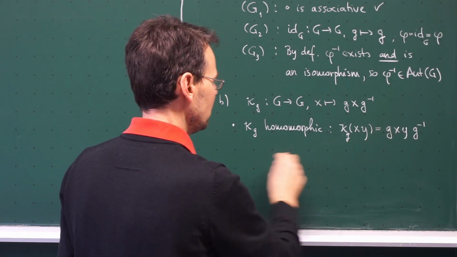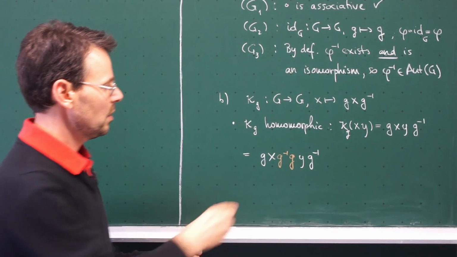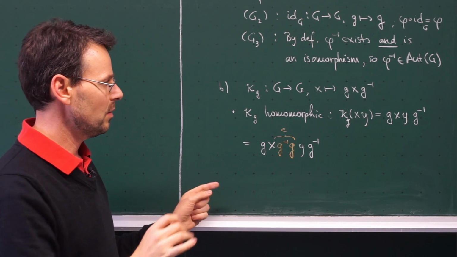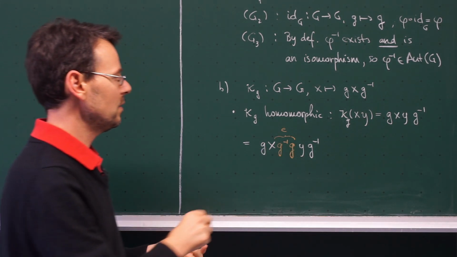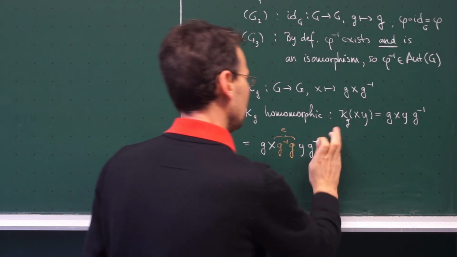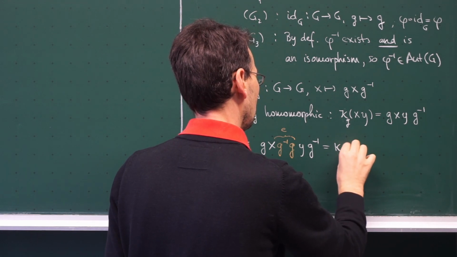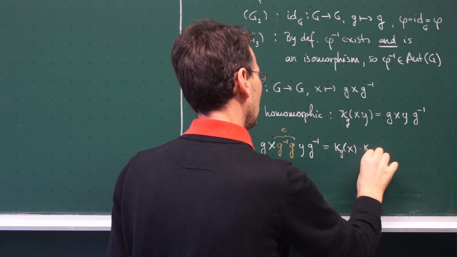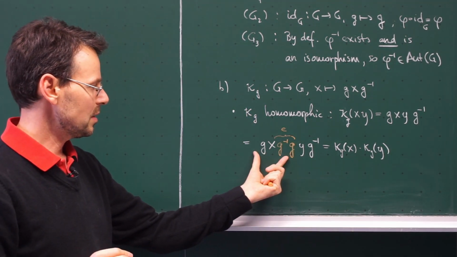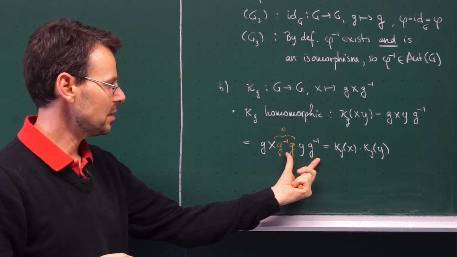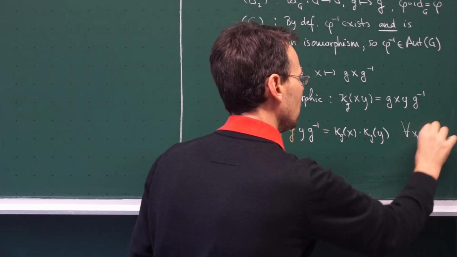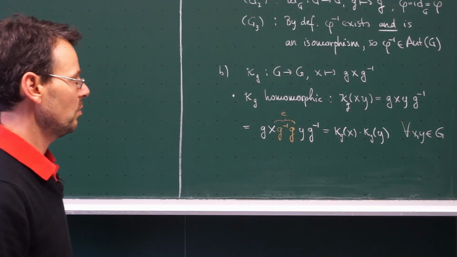This is by definition this here, and now the same old trick, we add an identity here, which is always allowed, and we need never worry about parentheses because of associativity. And this shows that this is nothing but kappa sub g of x times kappa sub g of y, this showing that kappa sub g is homomorphic.